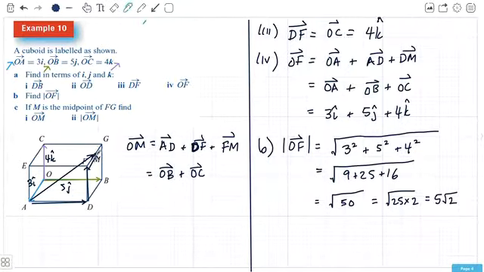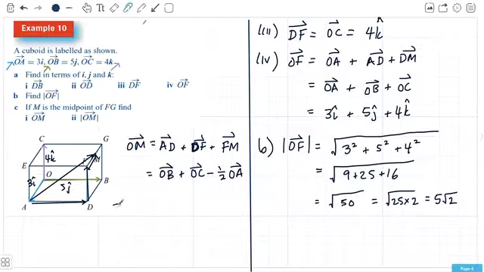FM, this vector here, remember that this side length, OA, is the blue one. This is actually going backwards, so it would be negative OA, but it's also only half the size of OA, so it's a half of OA. So we're going backwards along this vector, but only halfway along, so that's why it's only half of OA.